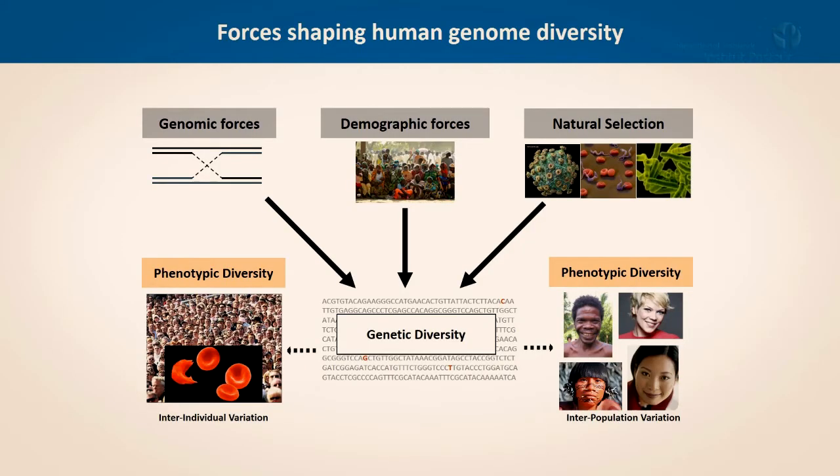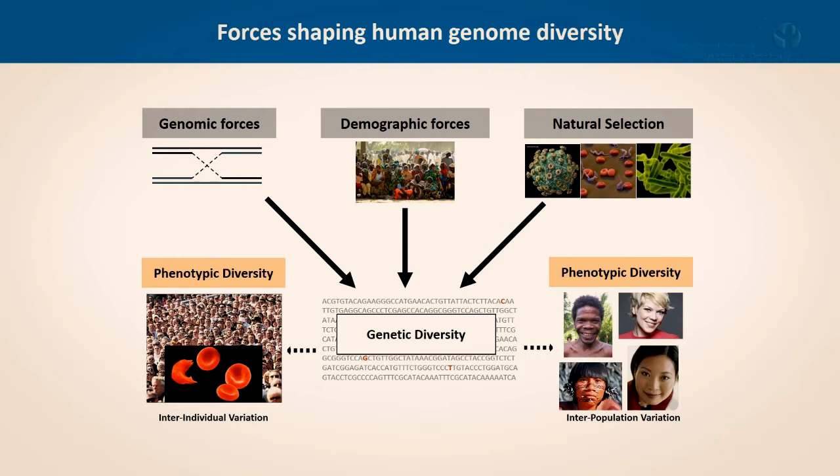So all this diversity between individuals and populations, which are the forces that drive this diversity? We have genomic forces, such as mutation and recombination. We have demographic forces: a population that is under demographic expansion will show much more diversity than populations that have gone through bottlenecks or founder effects.